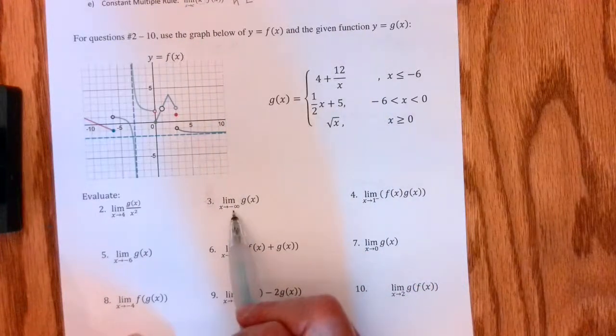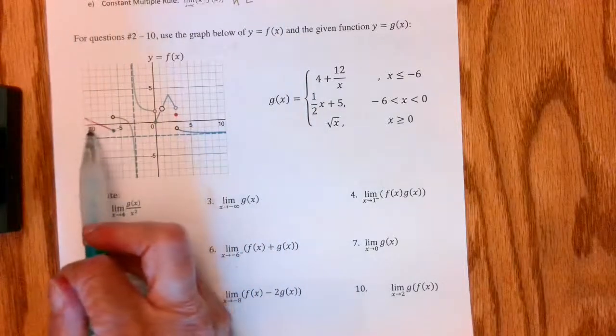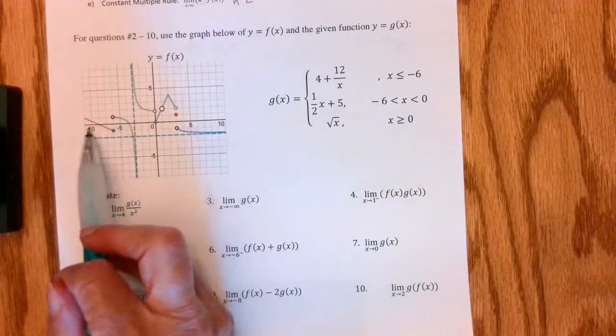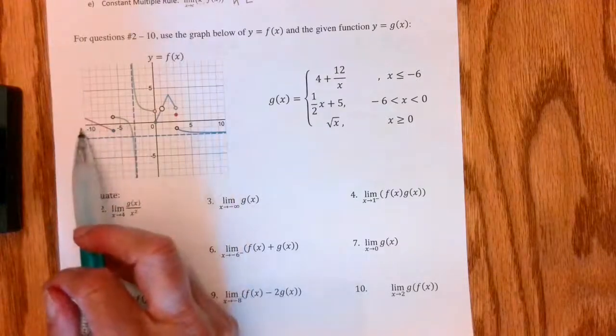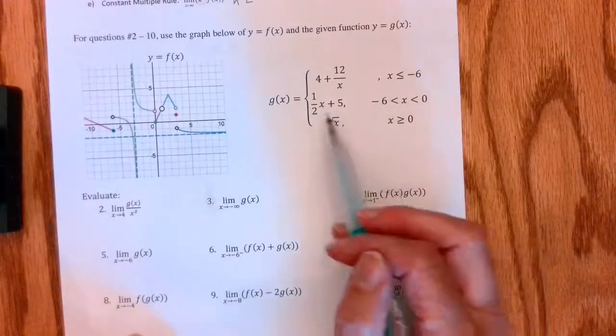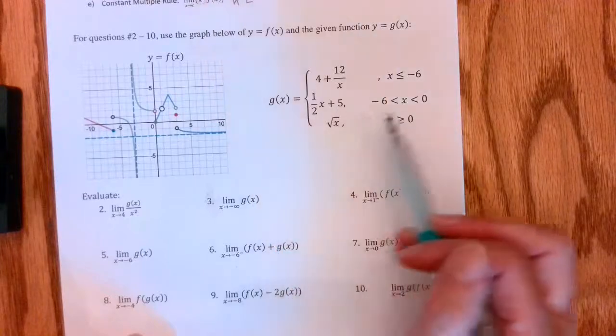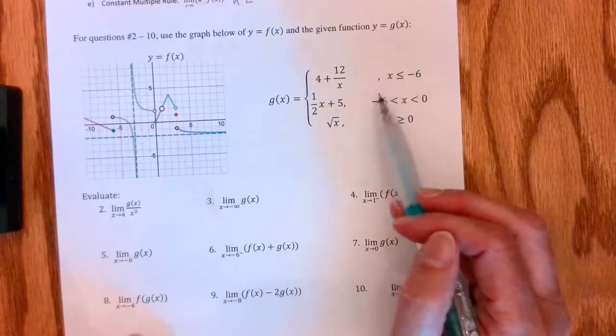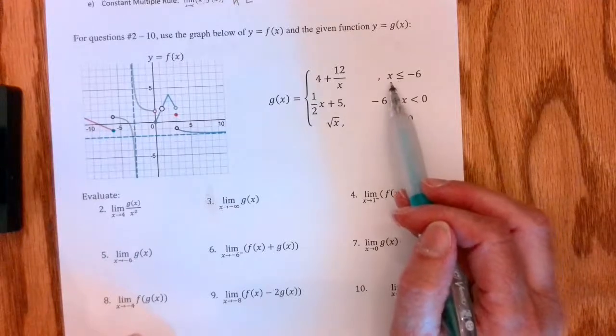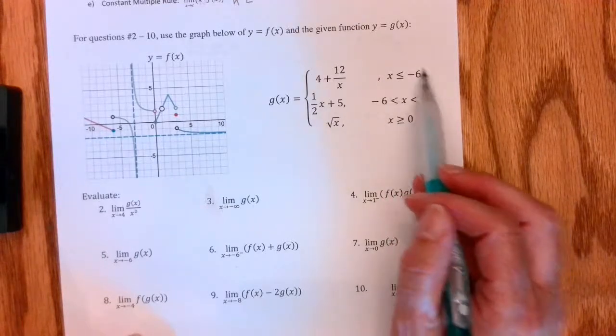If I am heading to negative infinity, that means graphically what's going on way over on the left of the graph. What's happening way over to the left is going to correspond to, on function g, looking for the appropriate signage on the piecewise function, which negative infinity would be this piece right here.